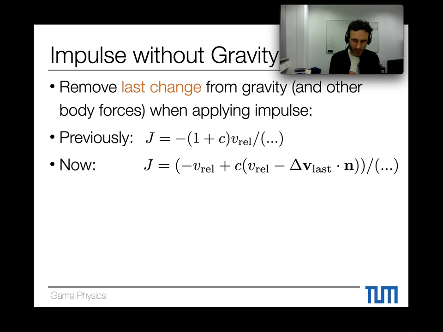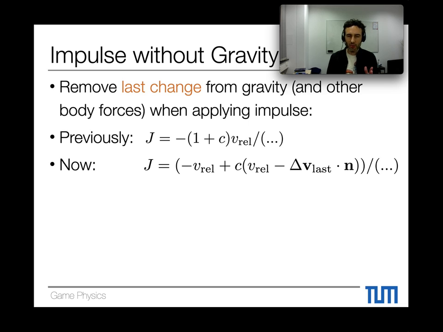And then from the remainder, from c times the relative velocity, here we now subtract the velocity change. Here it's called delta V last. This would amount to, for example, time step times gravity.